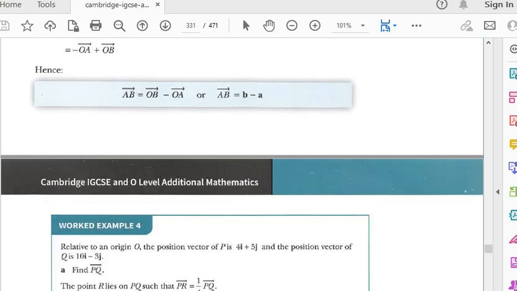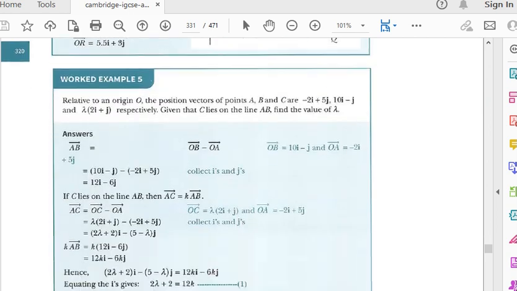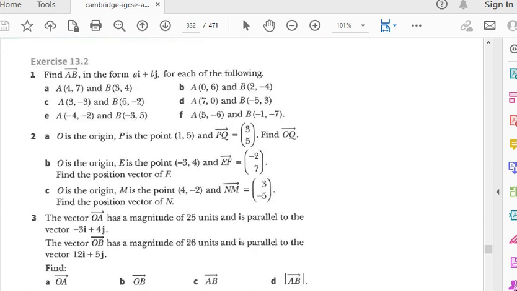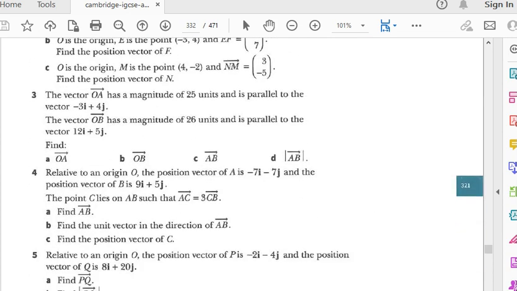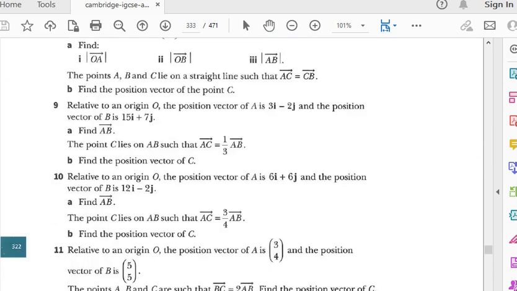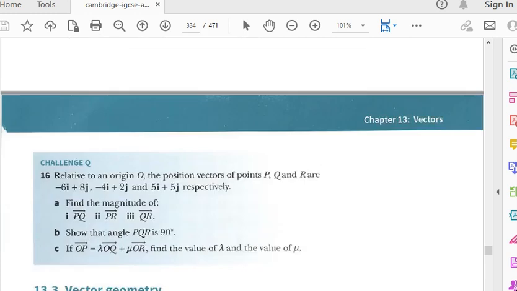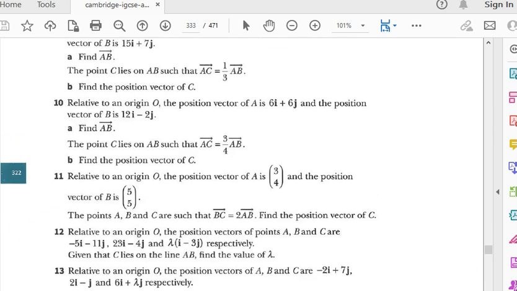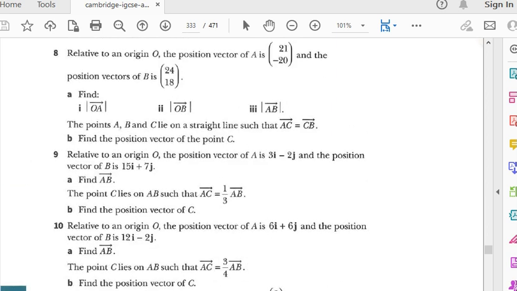Don't worry, very easy exercise and a very important concept, especially in engineering, but very easy. How many questions? 1, 2, 3, 4, 5, 6, 7, 8, 9, 10, 11, 12, 13, 14, 15. Try to finish this whole exercise in 2 lectures.